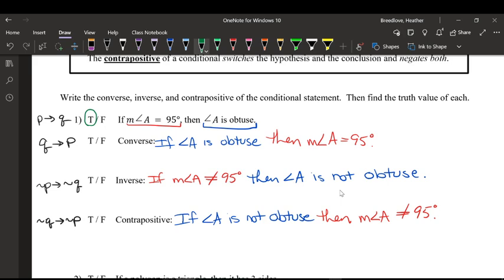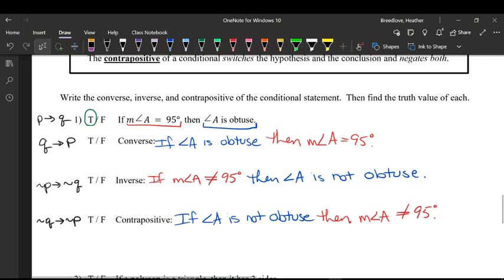All right, so let's try with converse. Check the truth value of the converse. If angle A is obtuse, then the measure of angle A is 95 degrees. So we're going to leave the first part the same. If angle A is obtuse, and then we're going to fill in something else for the second part.